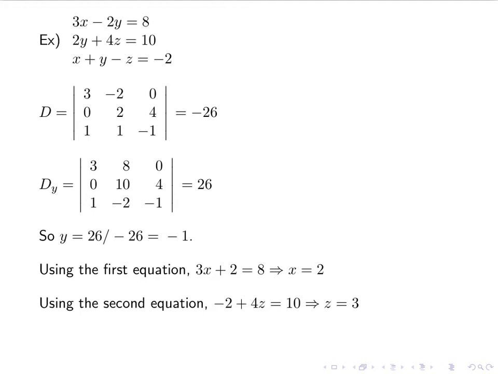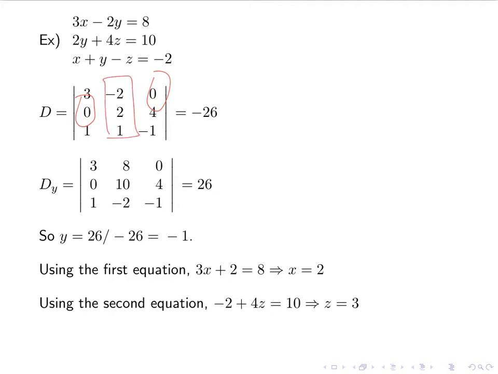So if I have equations where the variable is missing in one or two equations, then I don't have to do Cramer's rule for all three variables, which saves me a lot of time because doing 3 by 3 matrices takes a little bit of work. So the major thing to take away from here is to notice that we have zeros in our x column and our z column, and there are no zeros in my y column.